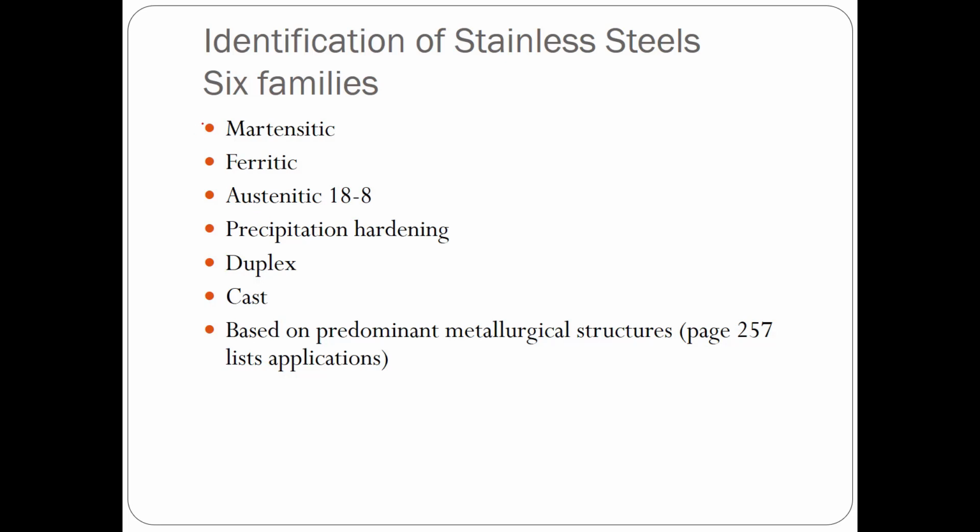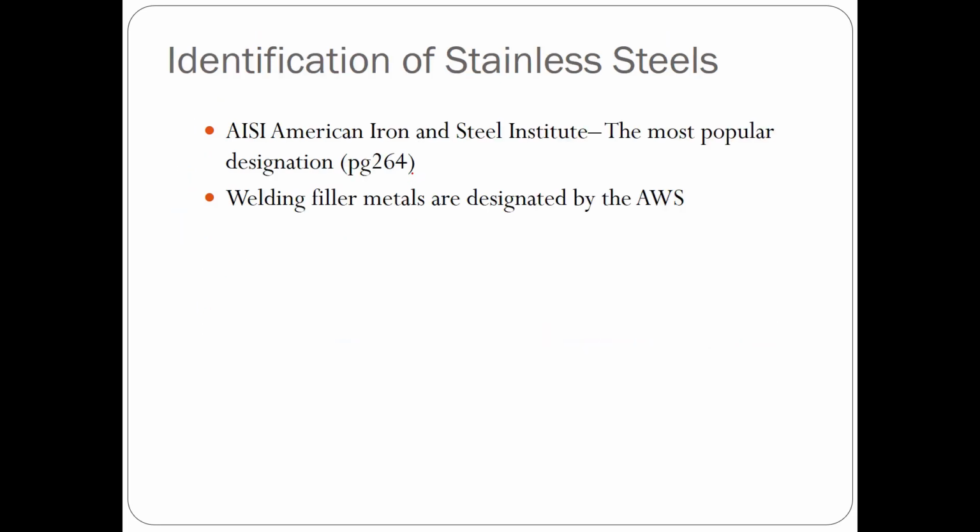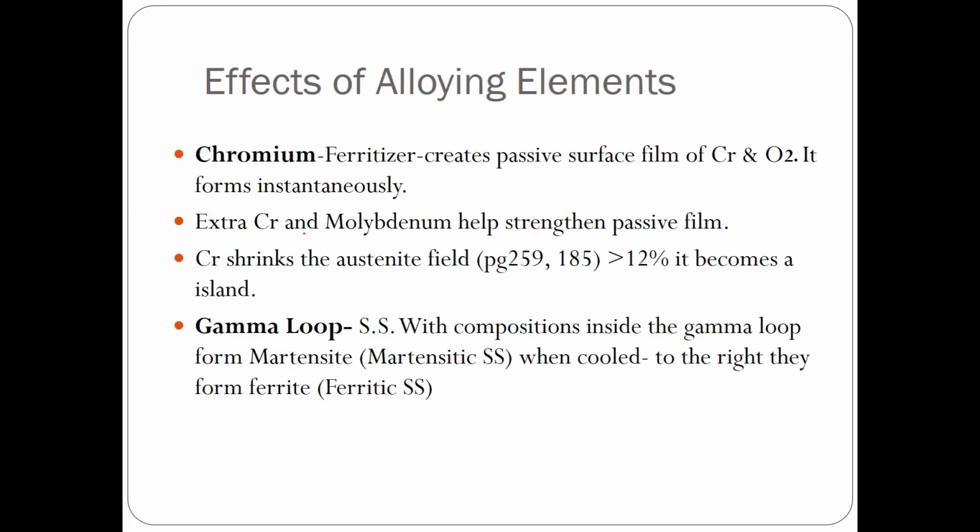You should be able to list the 6 different classes or families of stainless steels. On page 264 is a selected designations for stainless steels. There's kind of a little list there. Extra chrome and extra aluminum help strengthen the passive film, which means it gives us more corrosion resistance, more high temperature strength.